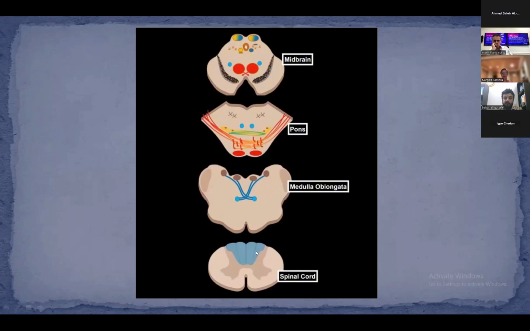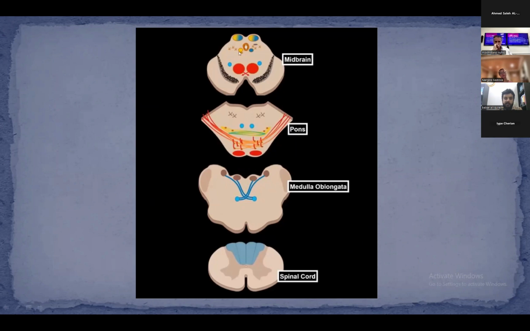In the spinal cord, in the dorsal portion, these are the cuneatus and gracilis fibers that carry sensory information of touch, crude touch, and pressure. These are carried to the level of the medulla oblongata in the nucleus cuneatus and gracilis. From here, these fibers are carried into the medial lemniscus.